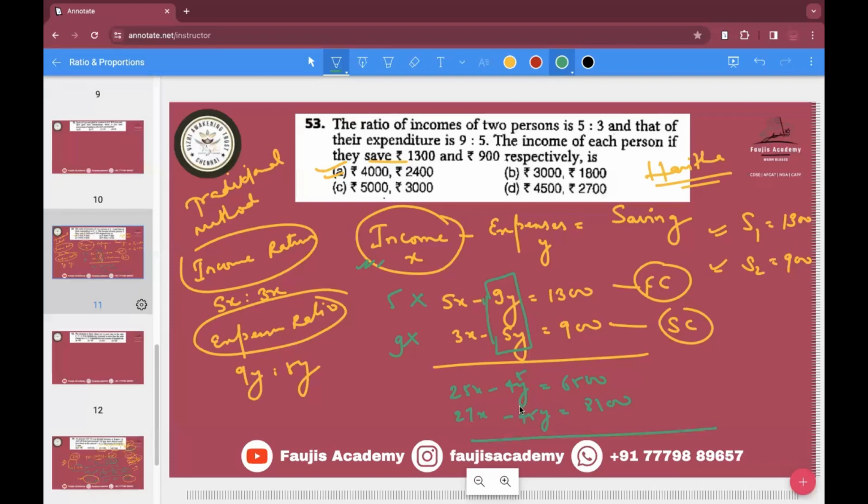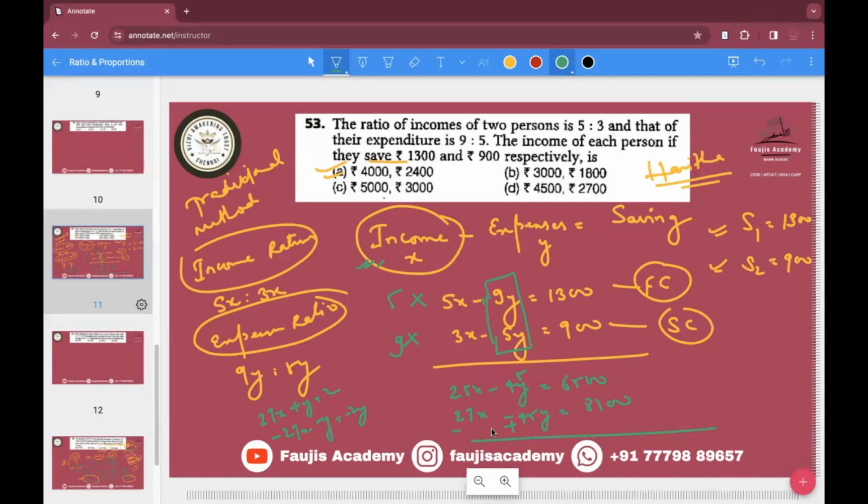Since we have to get rid of this, we'll change the sign, so it's plus. If we change the sign for one equation, we have to change the sign for all the terms of the equation. Can we write it as minus 27x plus 45y is equal to minus 8100? It's both the same, so we are just changing the sign.